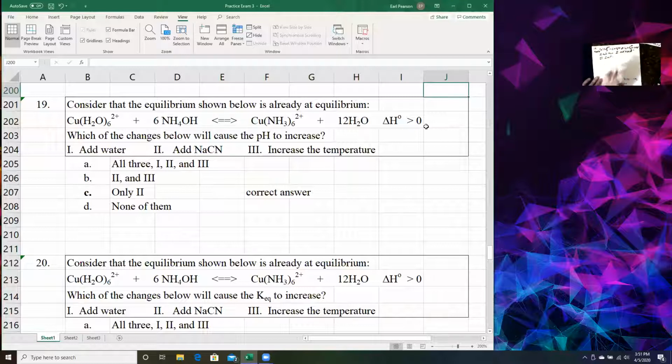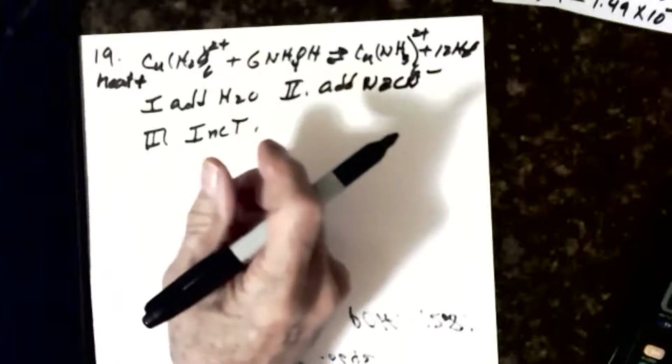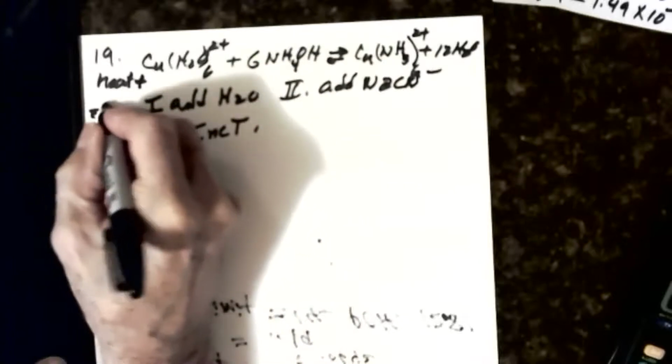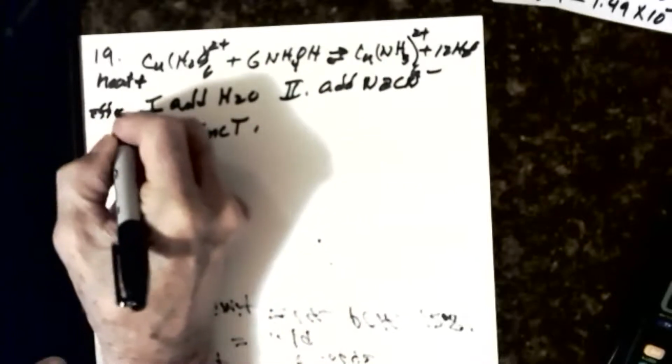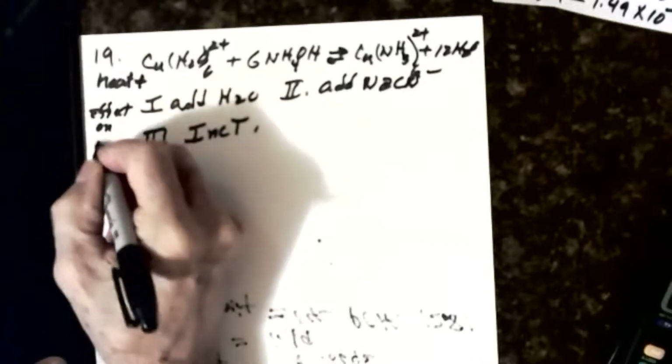Okay, so now let's go over so you can see my pad. These are the things we're going to do to this equilibrium. So let's just take them one at a time and see what they would do. What we want to know is the effect on pH.